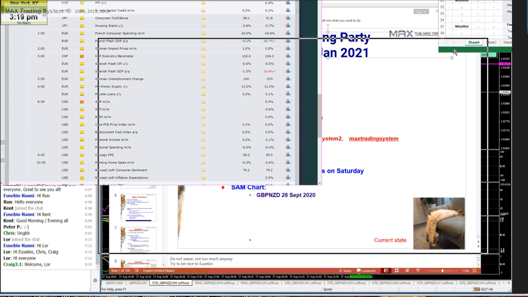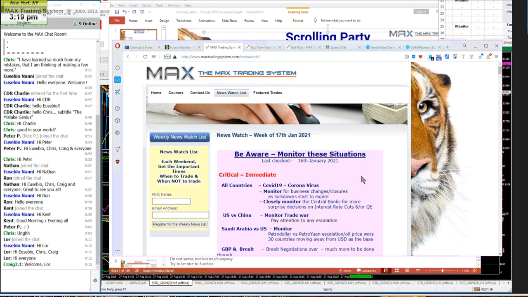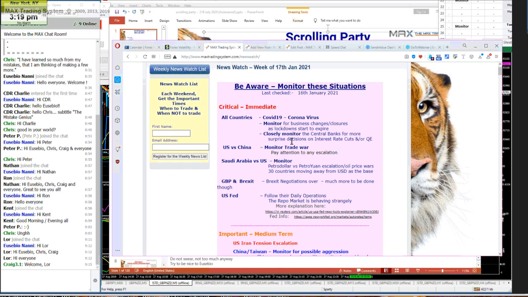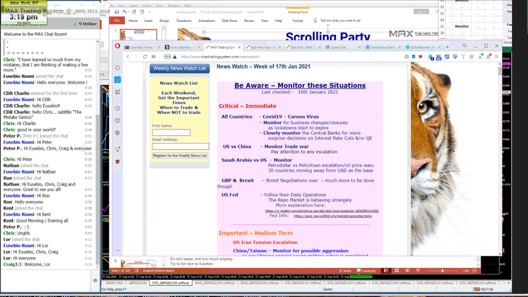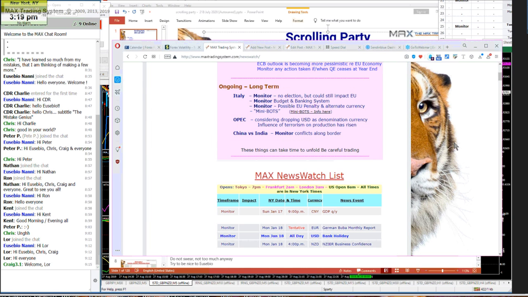What else have we got? On the actual website itself, it looks like this, and all these long-term items to monitor have no change at the moment. All these points are medium long-term points, so changes are not so frequent. So that's it.